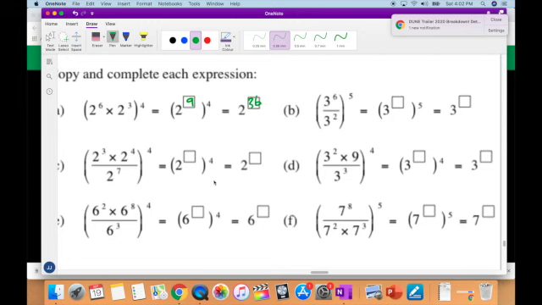Caitlin, did you get this one? So you add the 9 and the 4. Yeah, and then I must start again by another 4.